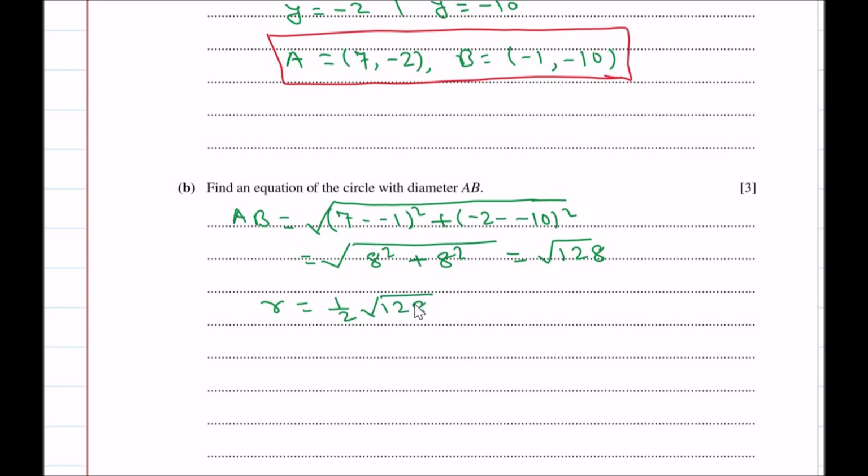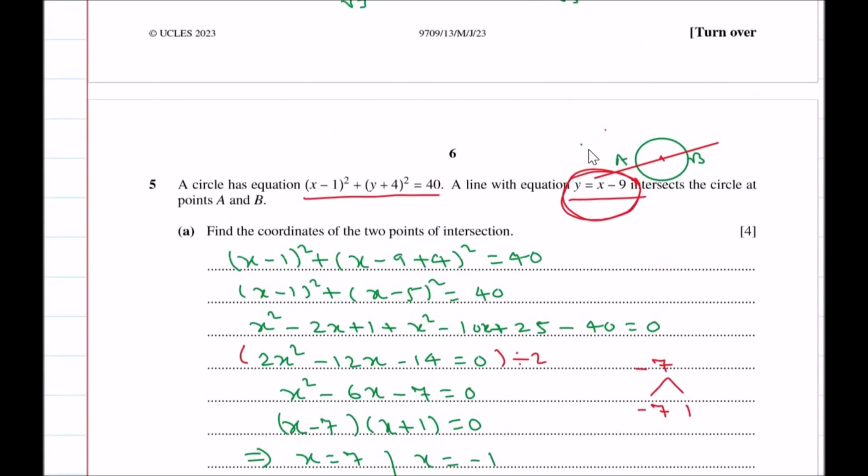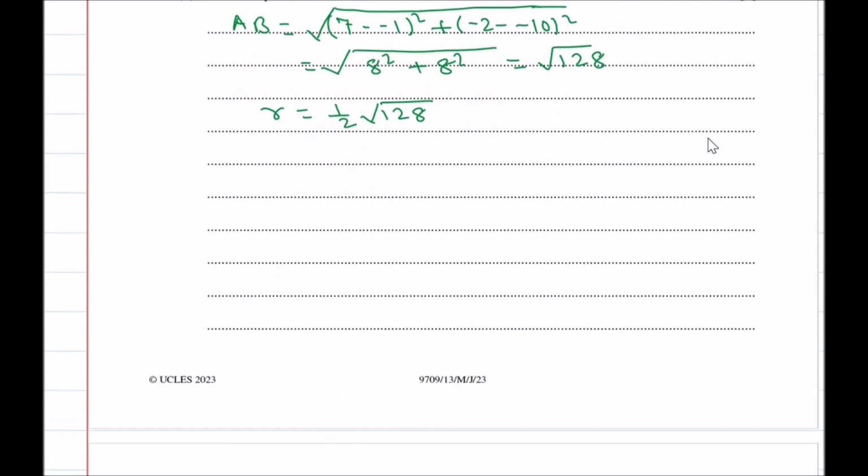The radius we got. Now we need to know the center. To find the center from the diameter, what can we do? The center will be in the middle. That means we need to find the midpoint of AB. So the center equal to the midpoint of AB.